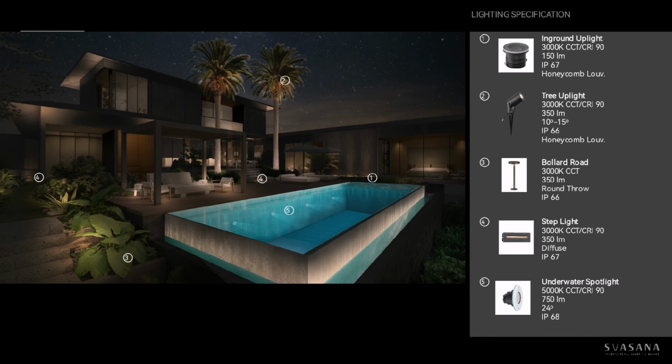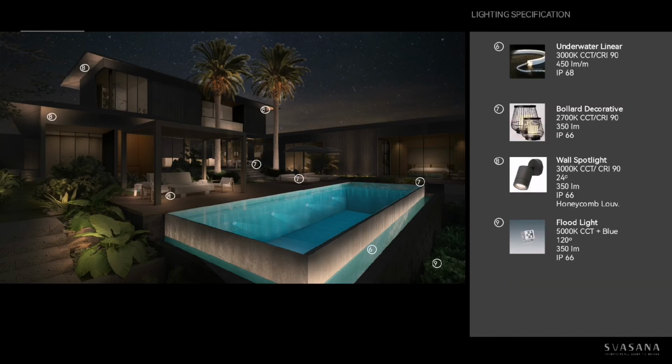Then this is the next one. For these areas, number one is the in-ground uplight for the accent for the wall, and number two is tree uplighting for the trees. Number three is the bollard lighting for the pathway and also the greeneries. Number four is a recessed step light for the steps, and number five is the underwater spotlight.